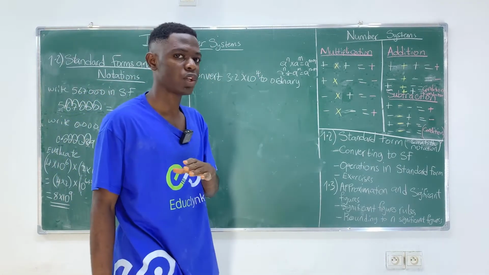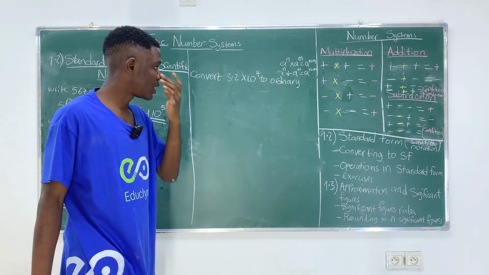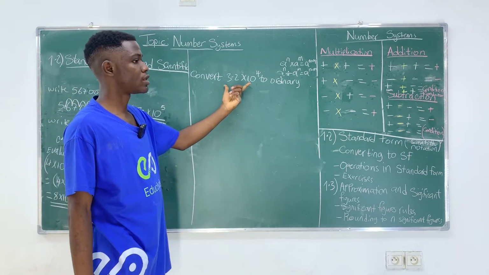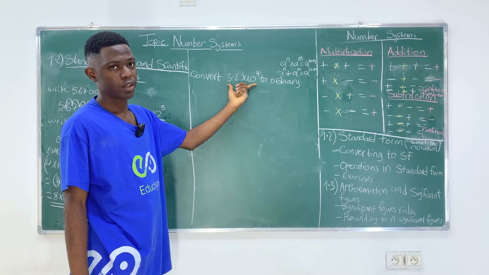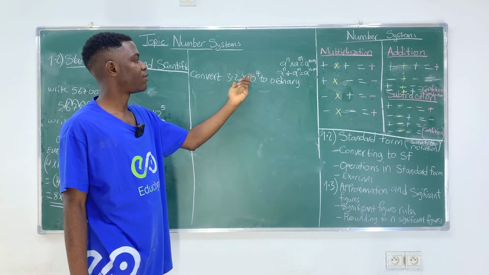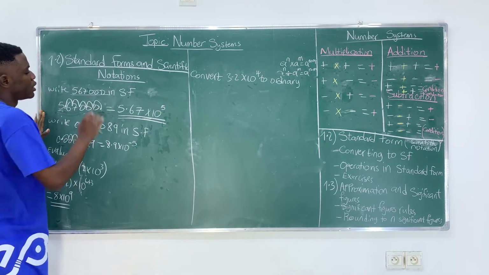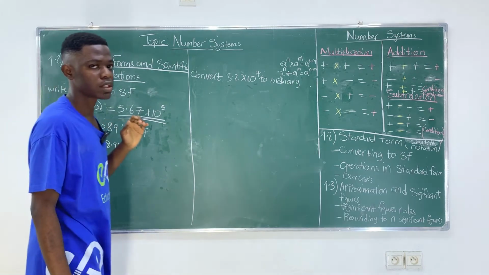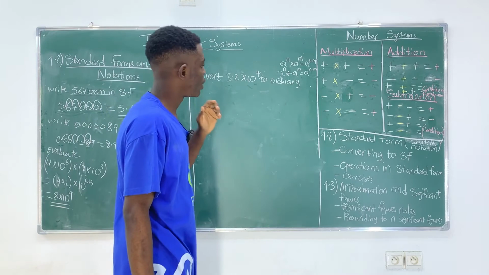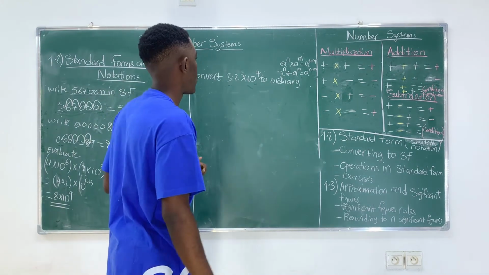Convert 3.2 times 10 to the power 4 to its ordinary form. We can see that this is in standard form, so you have to convert it to its ordinary form, a form that is not in standard form. So how are you going to go about it?